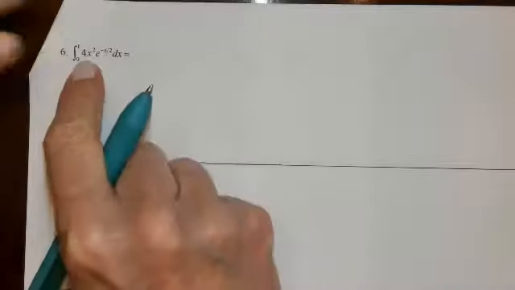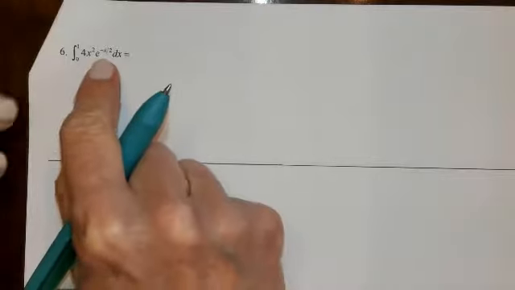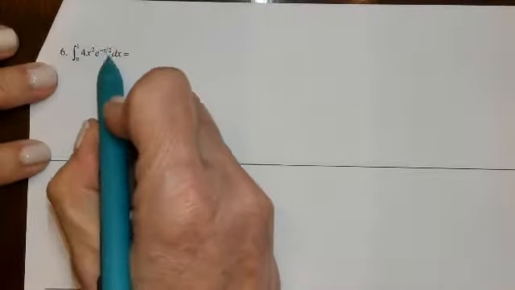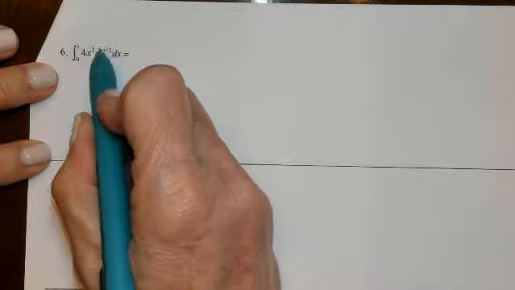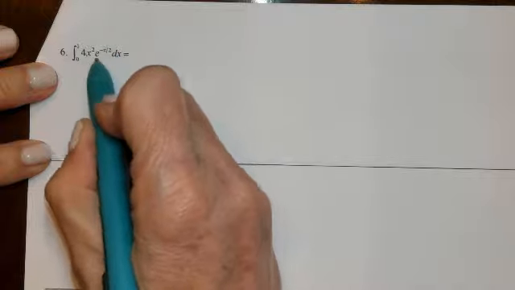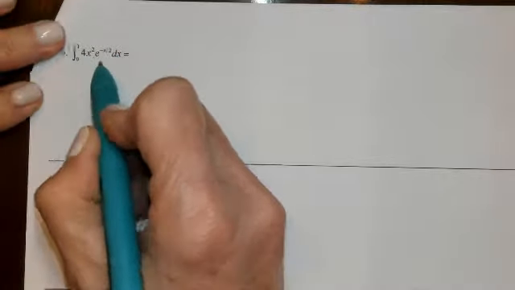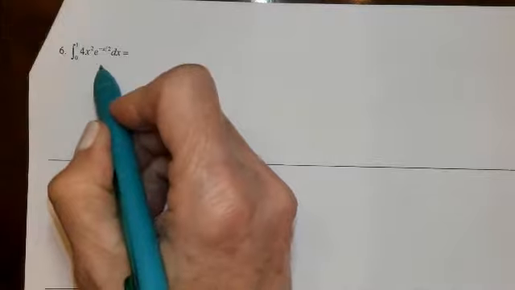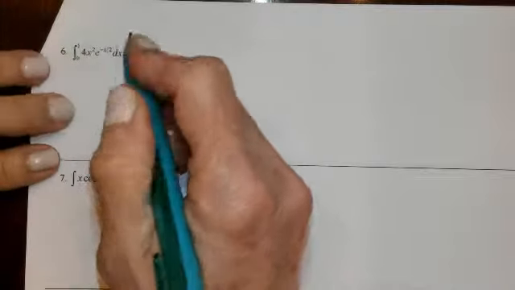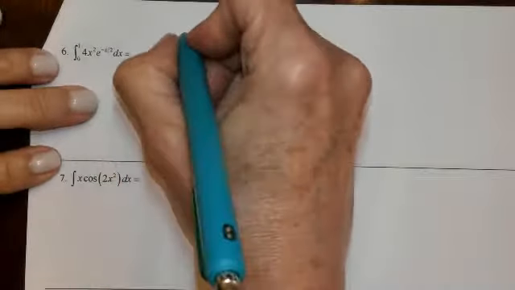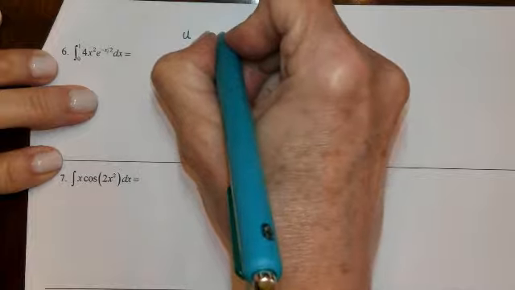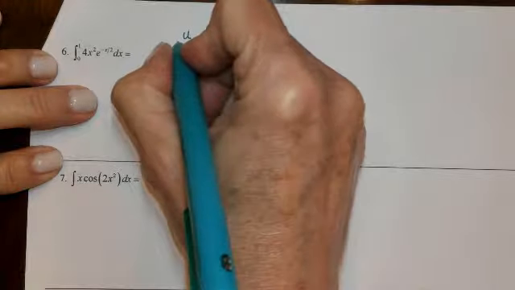Number 6. Got a little algebraic times an e function, transcendental, and I cannot do u sub. If I let u be the exponent, I'm not going to have any x's left, so I need to do something with this. So it definitely is a by parts problem, right? Definitely by parts. U and dv, this is a good one to use the column on.